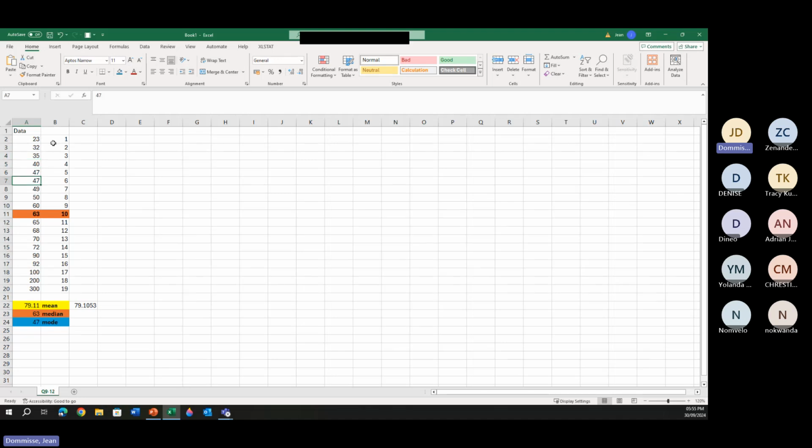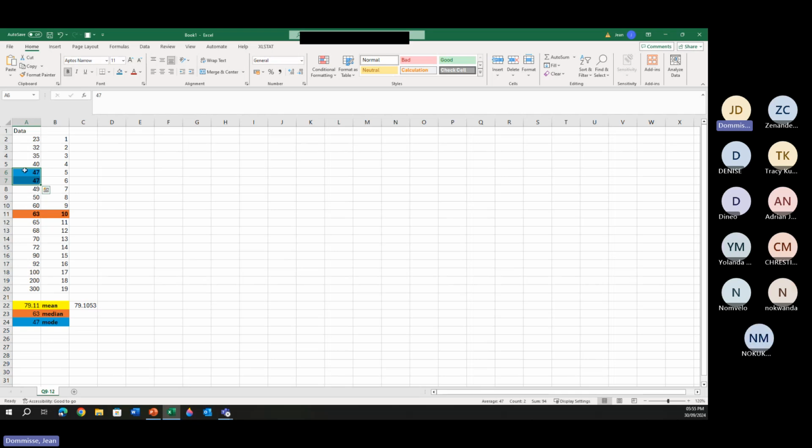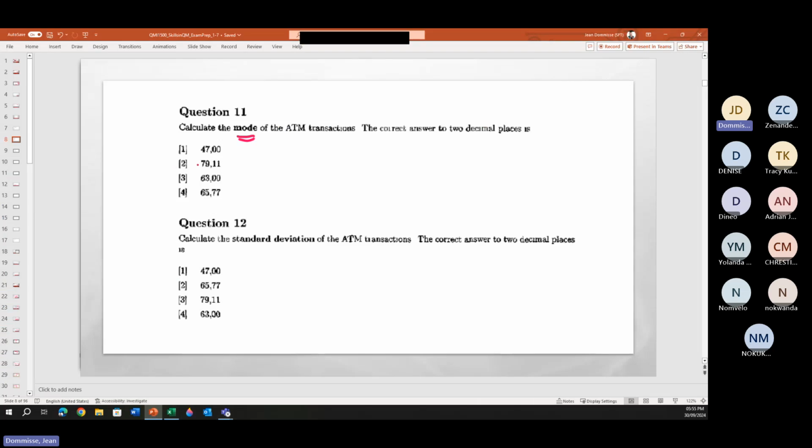Okay, there we have 47 happening twice, 50 once, 60, all of those only once again. So 47 is the number that is appearing twice in your data set. So that is why it is the mode. It is the number that appears most in the data set.